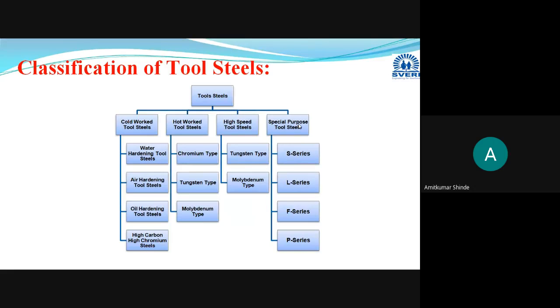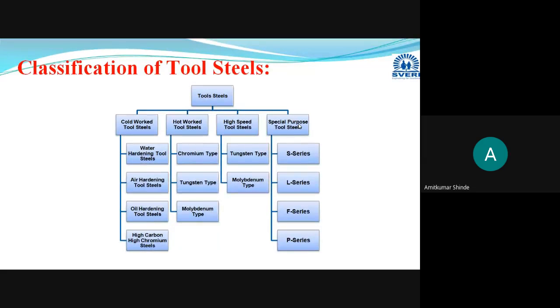And as far as your examination is concerned, generally they will provide you a particular name. Suppose, for example, they will provide you water hardening tool steels. Then they will ask you to write the composition, properties, and application of any two or three names from these tool steels.